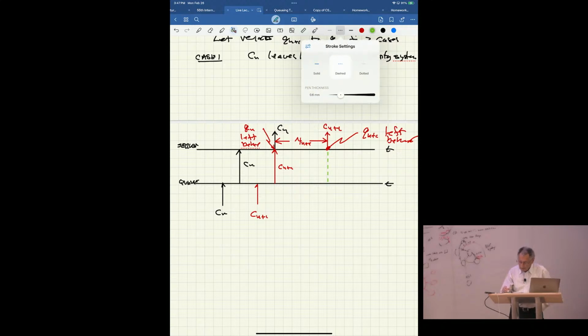How many arrive in here? Vn plus 1. Whoops. Using the notation from before.